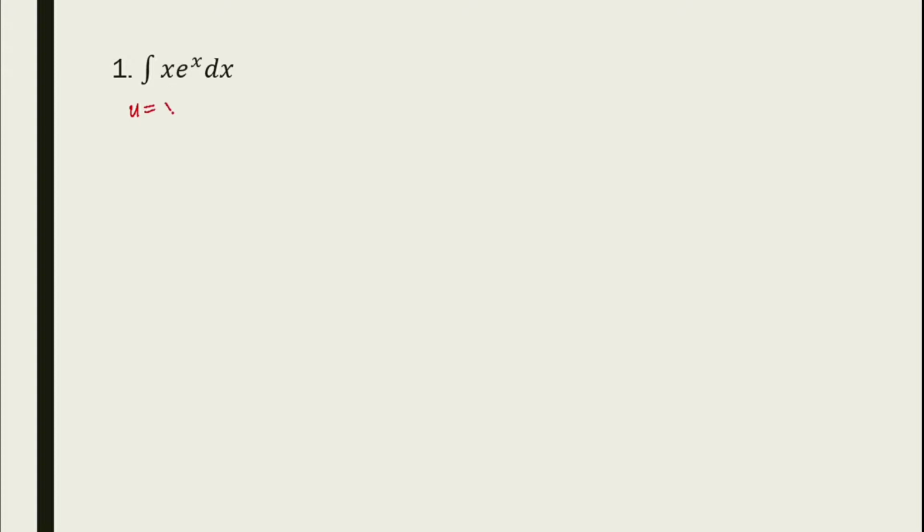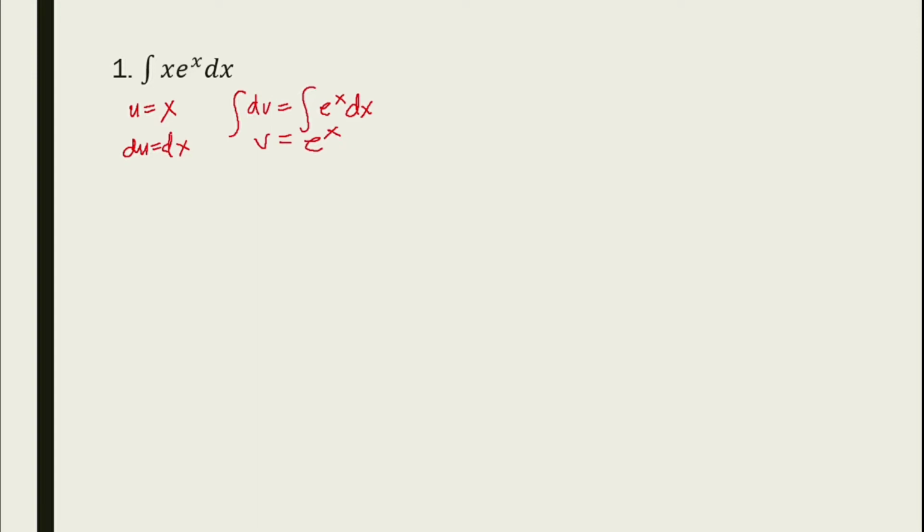I'll pick u is equal to x, and dv is equal to e raised to x dx. Next we have du is equal to dx, so therefore v is equal to e raised to x.